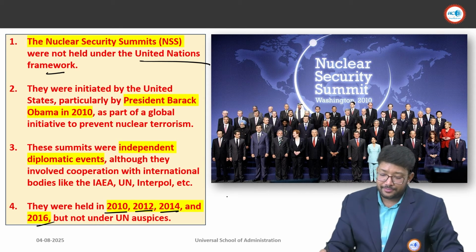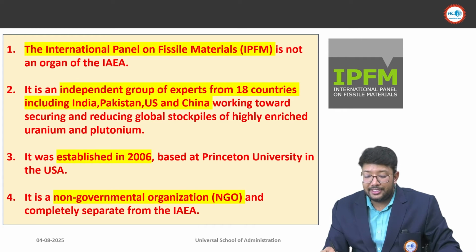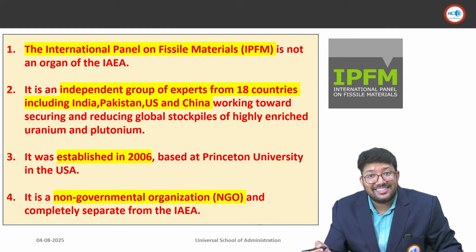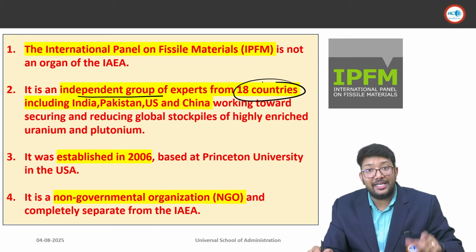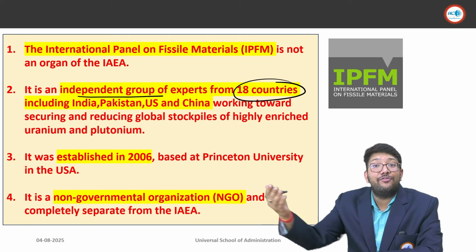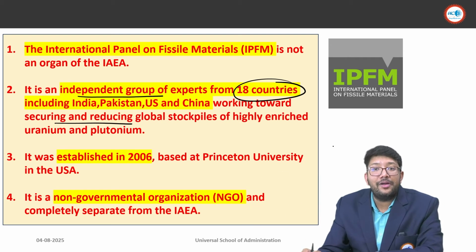Now, second, the International Panel on Fissile Materials is not an organ of IAEA. I already told you that. So what exactly is this? It is an independent group of experts from 18 countries, including India, Pakistan, the US, and China, working toward securing and reducing global stockpiles of highly enriched uranium and plutonium.